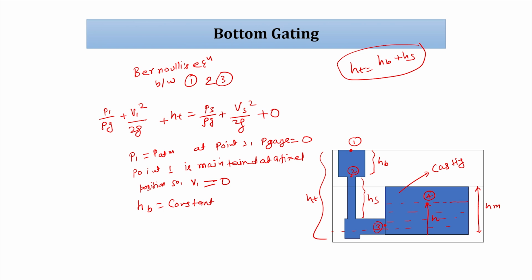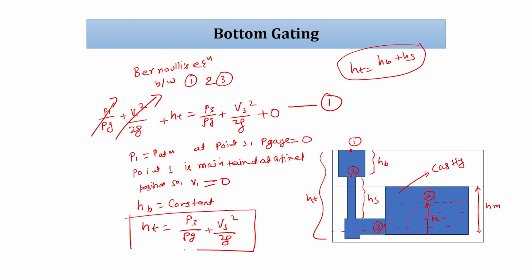So, we can write equation 1: HT equals P3 by rho g plus V3 square by 2g. That is equation number 2.